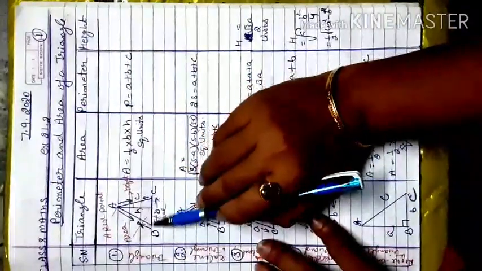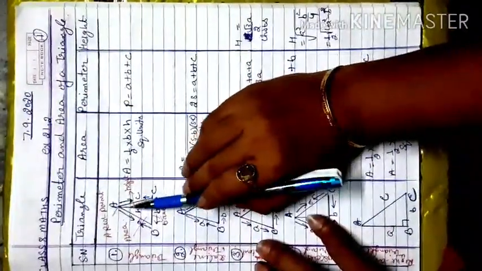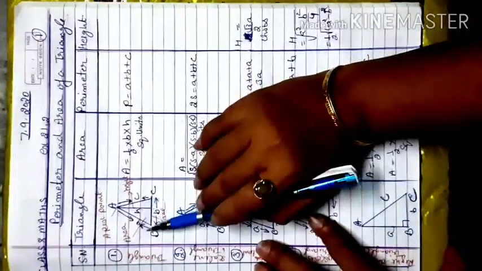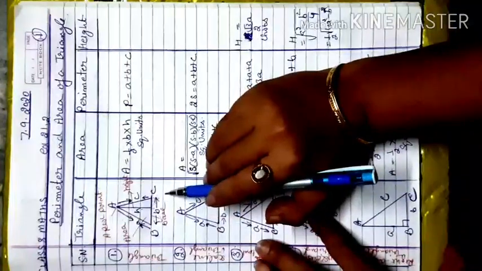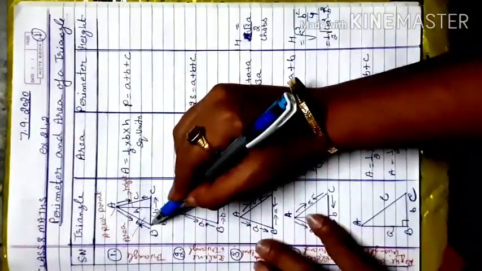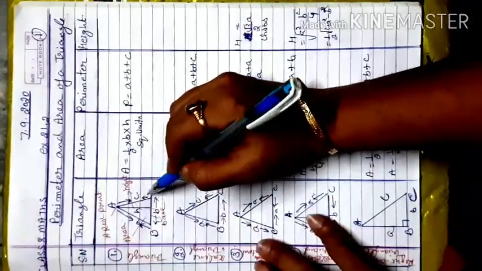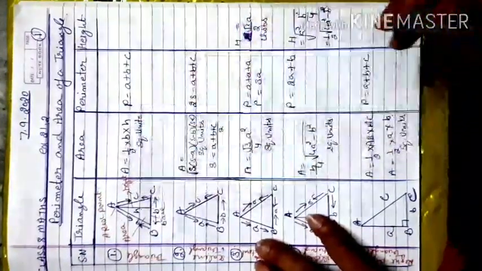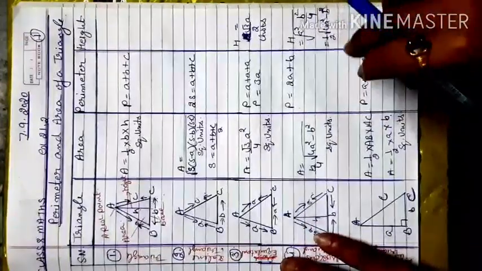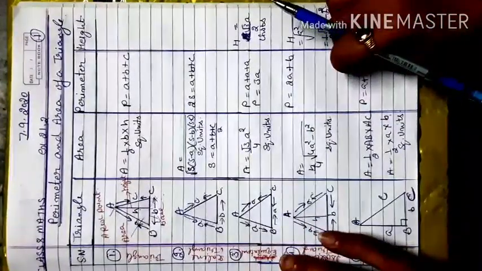We just concentrate on the base where the height line touches. That doesn't mean only the downward side will be the base. Any perpendicular drawn from a vertex to the opposite side, that side is considered the base.